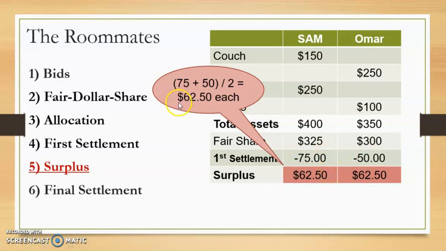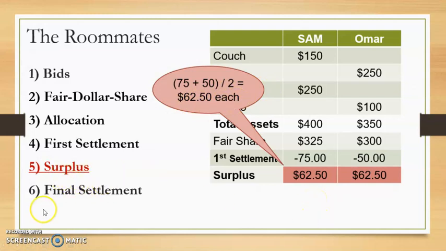And then we divide that between the players evenly. So there was a total of $125 paid in. Nobody received money, so there's nothing to subtract. So that gives us a surplus of $125 divided equally amongst each player. Each player receives $62.50 of the surplus.